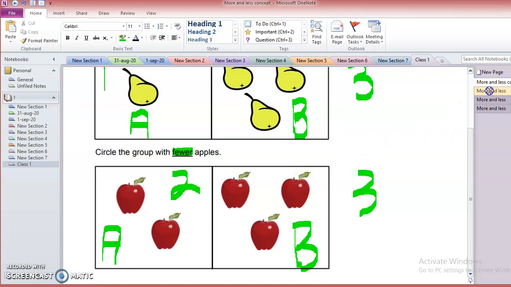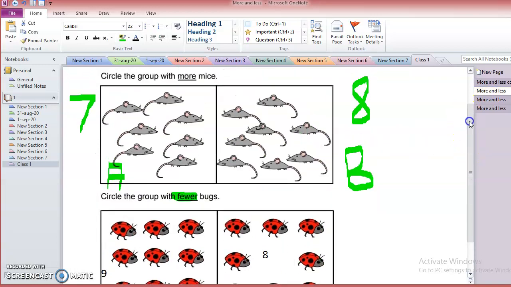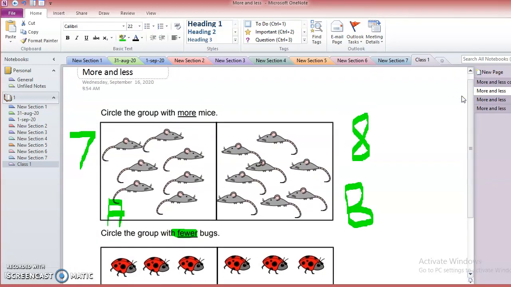Let's go to the next picture. This is about the mice. Here we have to check for more mice. In which group do we have more mice, A or B? You need to count. Without counting you will not be able to know which is having more mice. So I will start counting first. 1, 2, 3, 4, 5, 6 and 7.